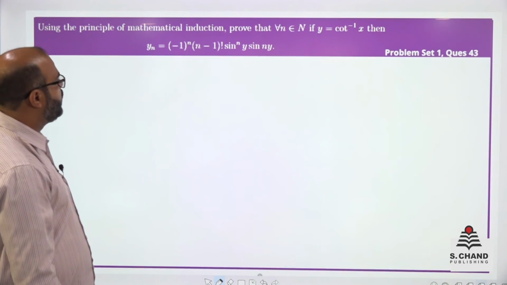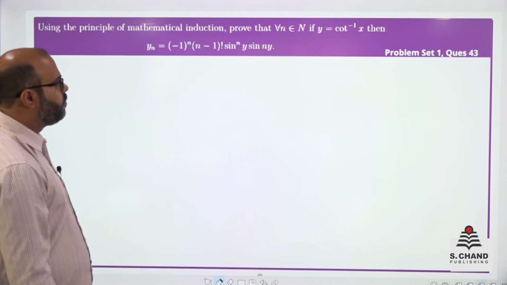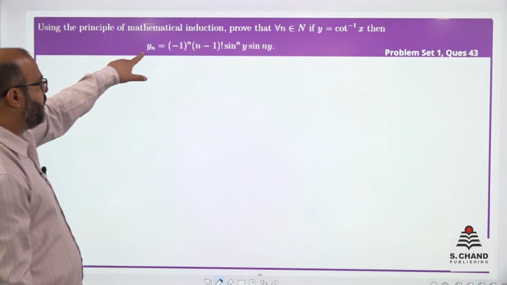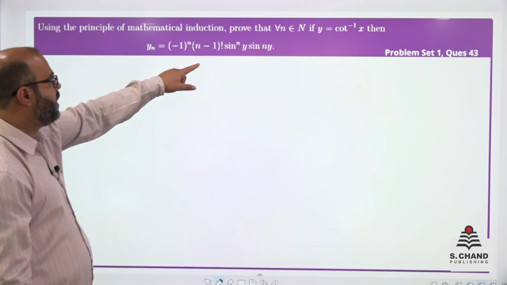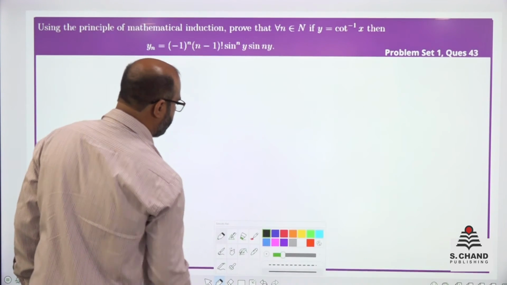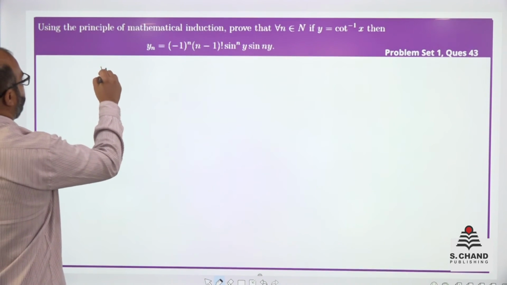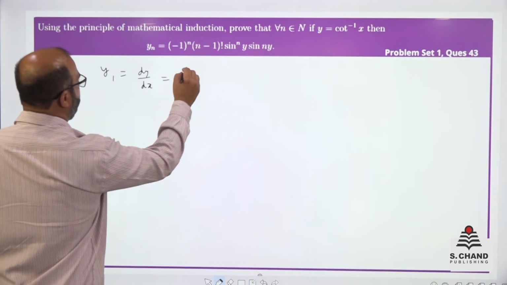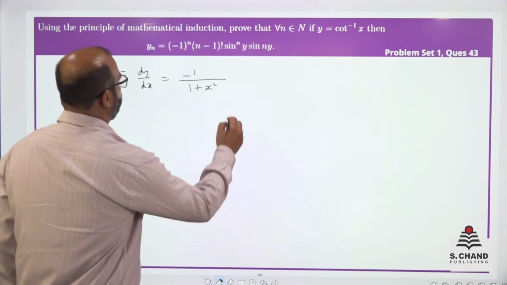Using the principle of mathematical induction, prove that for all n belonging to natural numbers, if y is equal to cot inverse x, then y_n, the nth derivative of y, is (−1)^n (n−1)! sin^n y sin ny. So when we want to do this, for the first derivative we check dy/dx, that will be −1/(1 + x²). So what is this?